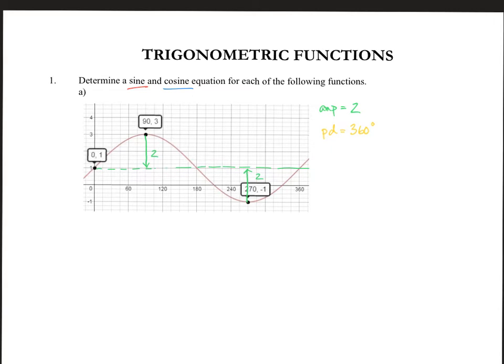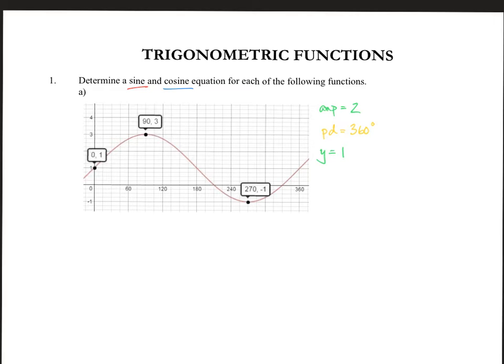And if I go down 2 from 3, I get to a value of 1, or if I go up 2 from -1, I get to a value of 1. That tells me that the middle of my graph is at a y value of 1. Therefore, the sinusoidal axis has the equation y equals 1. That tells us where our graph now must lie vertically.